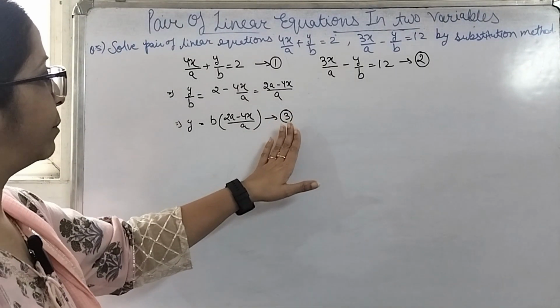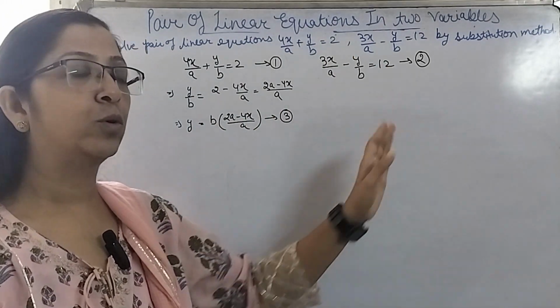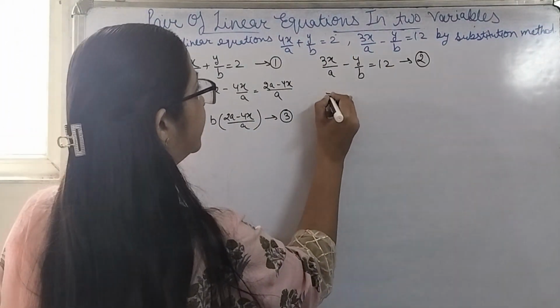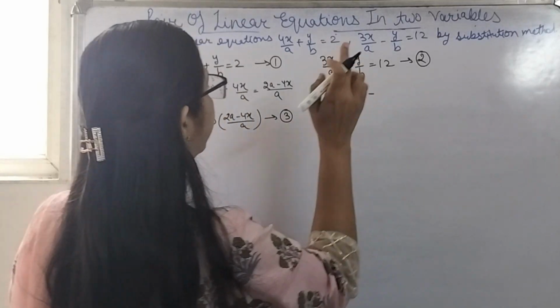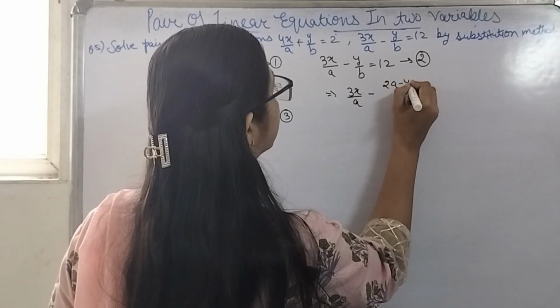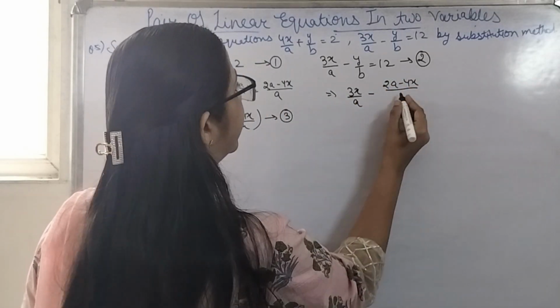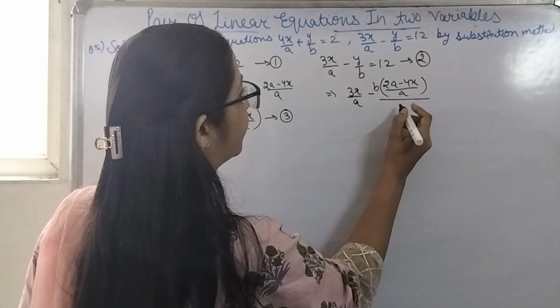Now from equation number 3, we will keep the value of y in equation number 2. So what will it be? Equation number 2 will become 3x upon a minus, instead of y, we will keep (2a minus 4x) upon a multiplied by b, divided by this b.